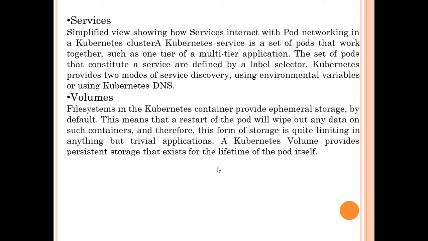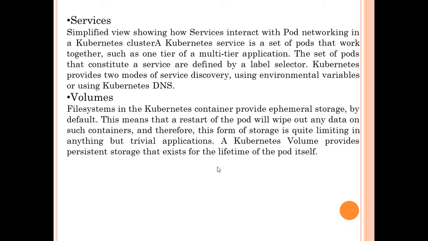How are you going to store it? You will be storing it in the volumes. The file system in Kubernetes provides ephemeral storage by default. This means that a restart of the pod will wipe out any data on such a container. Means whatsoever data you are having will go away once you turn it off.